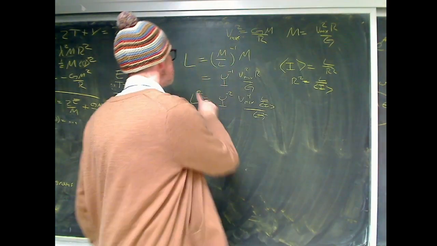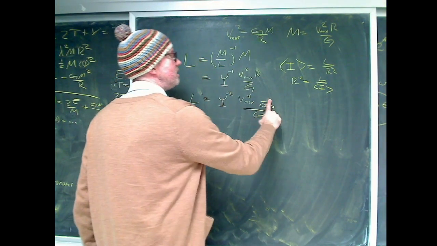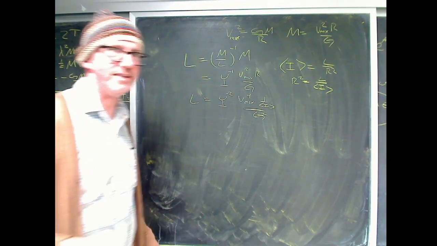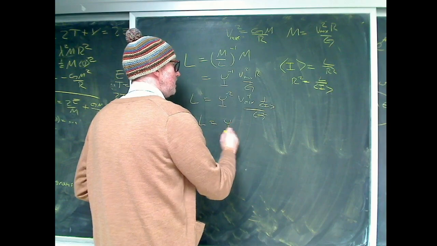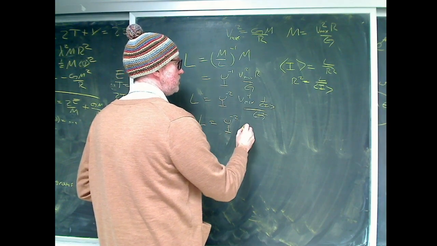Oh, I square both sides. This L cancels this L. There you go. Okay, so the luminosity equals the mass to light ratio to the minus 2.